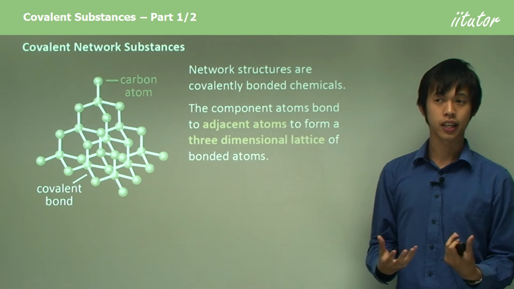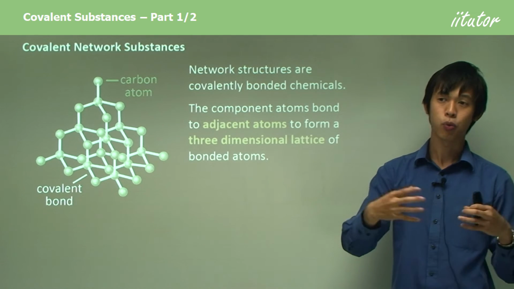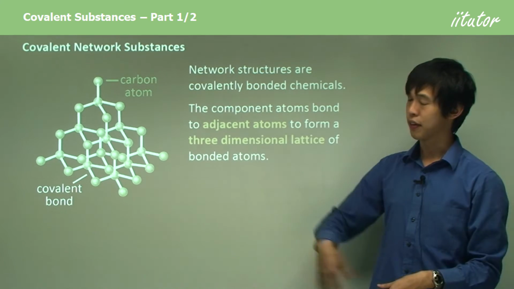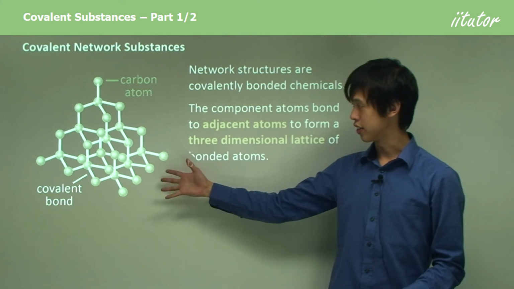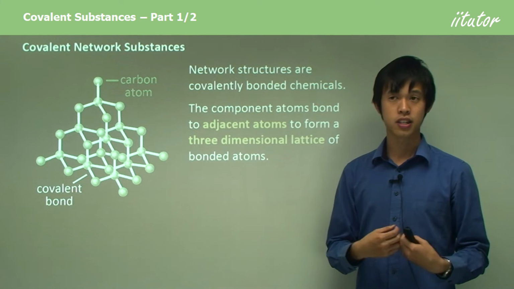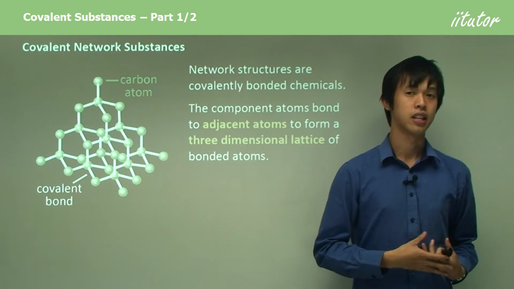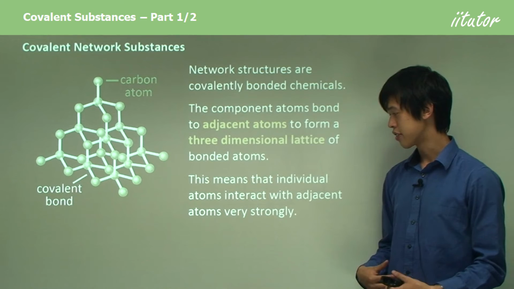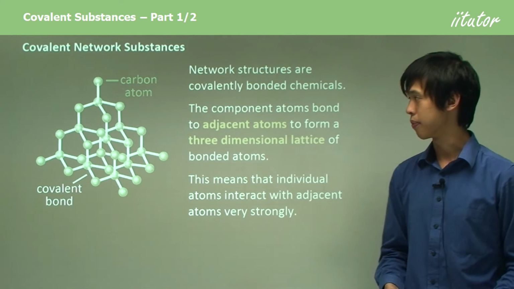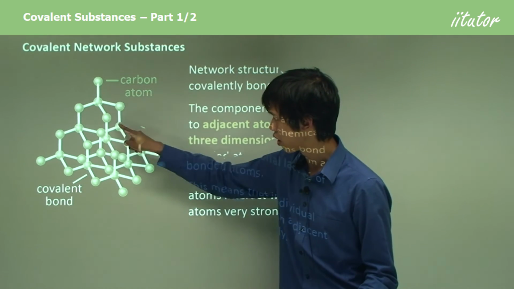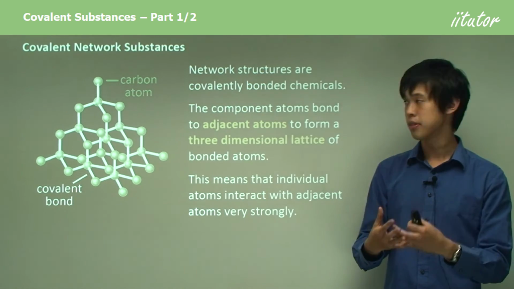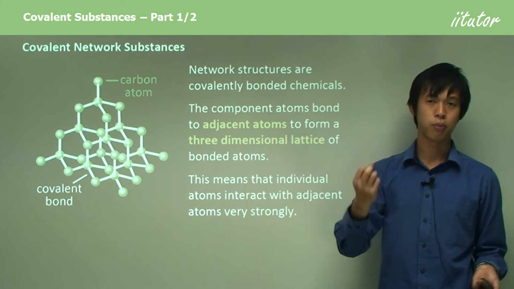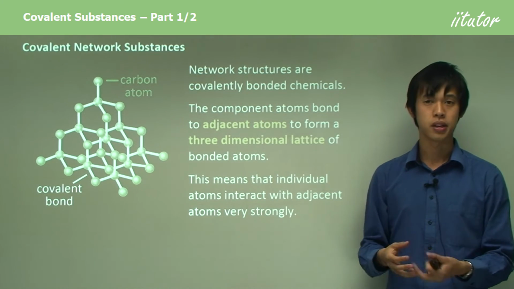Whereas in the molecular case, they would form these groups, and once those groups are formed, there would be no more interaction between any of the atoms. In network structures each atom interacts with many more atoms than in the covalent molecular case. So individual atoms interact with adjacent atoms very strongly, because there's a very strong covalent bond for adjacent atoms, adjacent meaning next to.